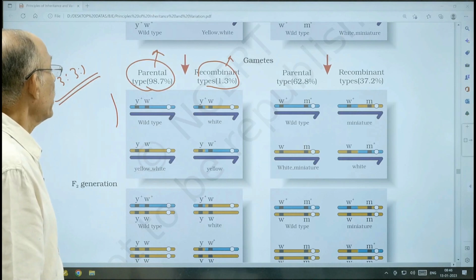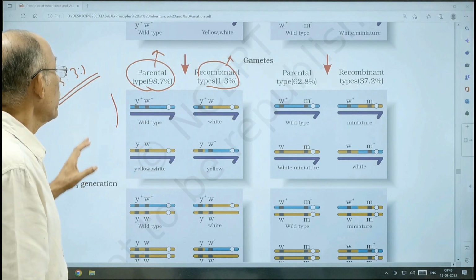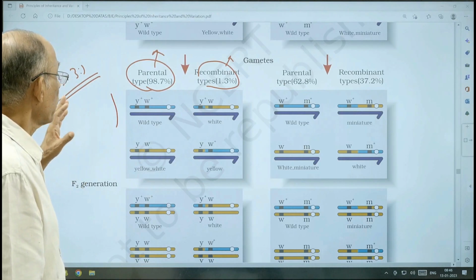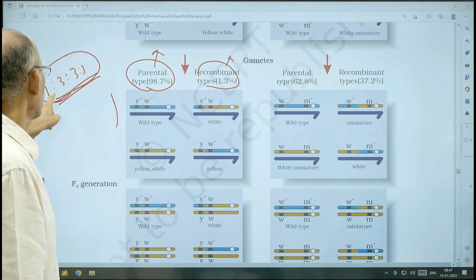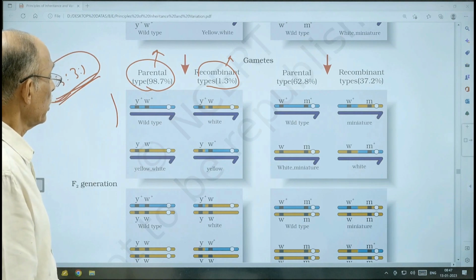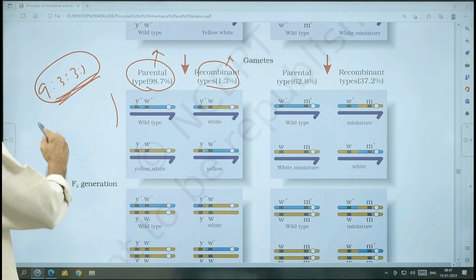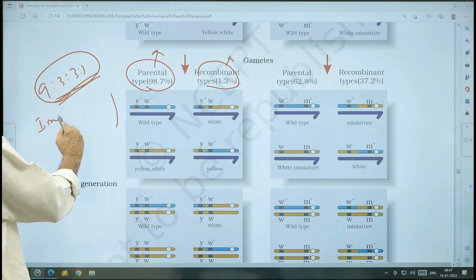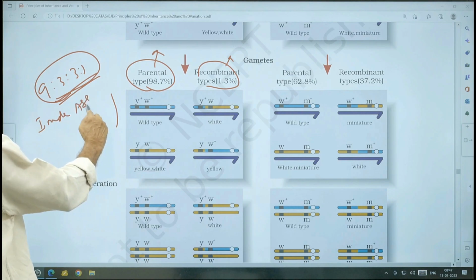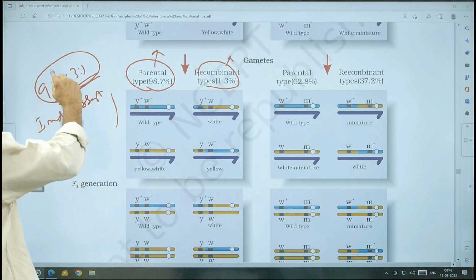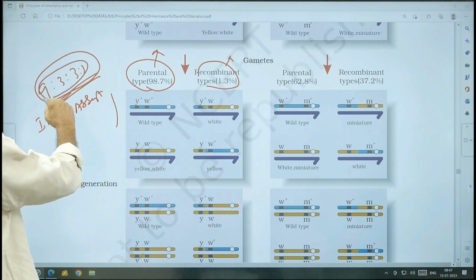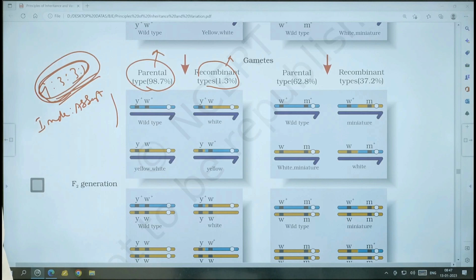Then he concluded that whenever in a dihybrid cross we do not get the 9:3:3:1 ratio, there is no independent assortment. Only where there is independent assortment do we get the 9:3:3:1 ratio.